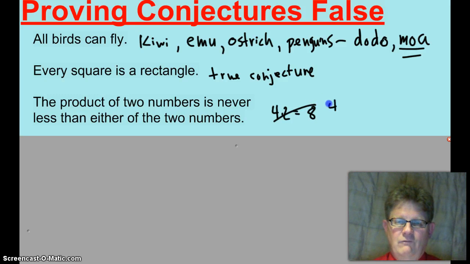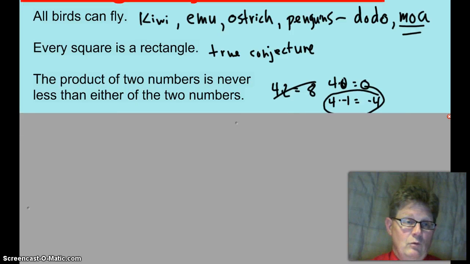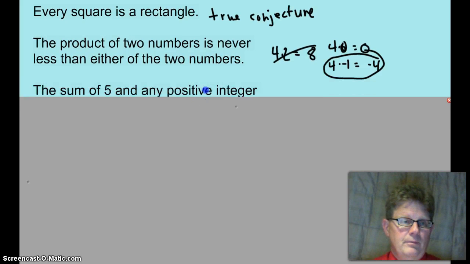How about 4 times 0? That's 0. Is that less than either of those two? No. Alright, let's try 4 times -1. That's -4. Is that less than both of them? Yay, there you go. There's your counterexample. Multiply 1 positive and 1 negative, and that's a counterexample.